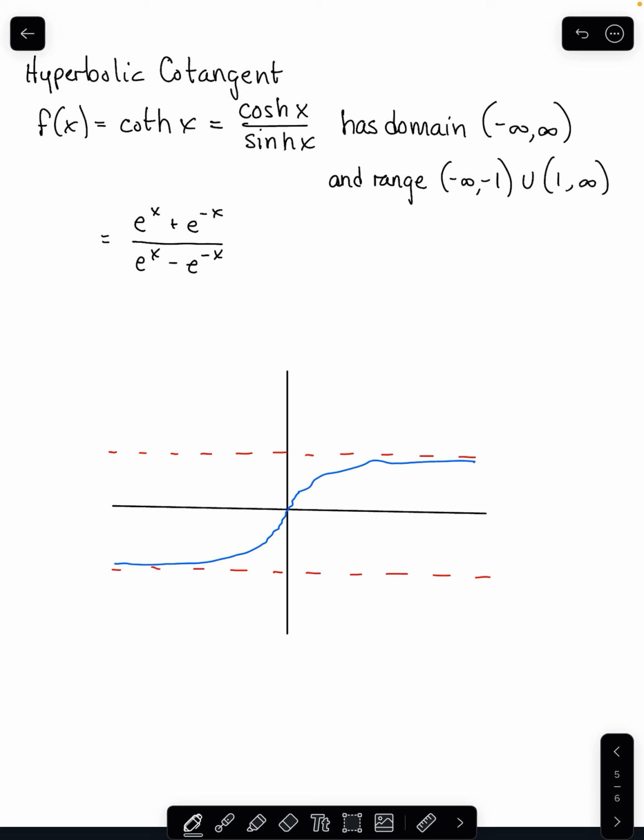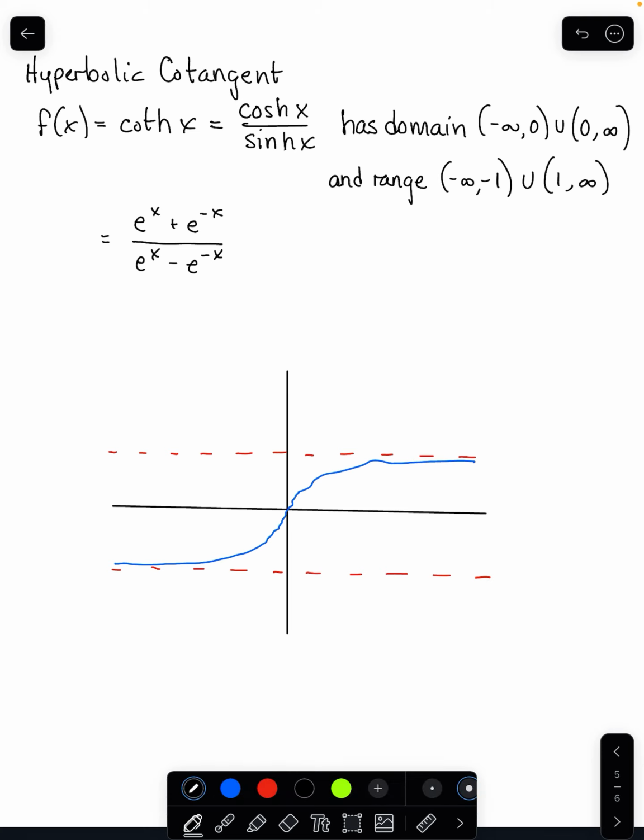So I did misspeak up here before when I said that the domain of hyperbolic cotangent was -infinity to infinity. That's actually not true. Its domain is -infinity to 0 and then 0 to infinity, because at x equals 0, tangent is 0, and as a result, its reciprocal is undefined.